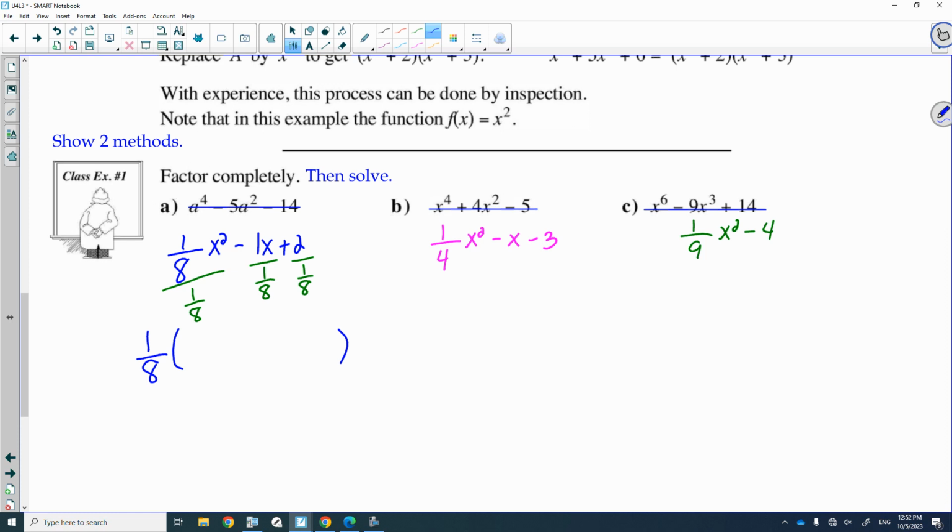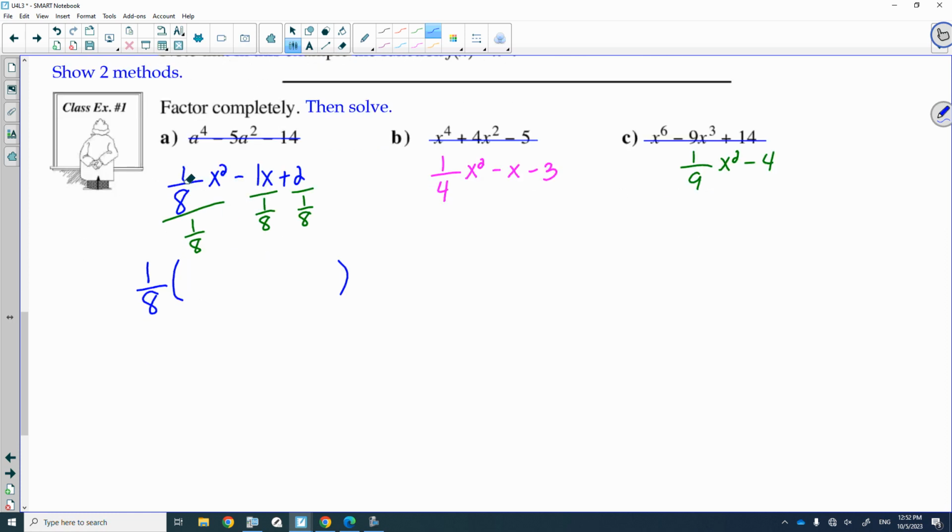The reason why I want to do this is because what's 1/8 divided by 1/8? 1. So this will cancel, and now I have a 1x squared, which is going to be a nice, easy PSA 1. Do you know what -1 divided by 1/8 would be? It's going to be -8.